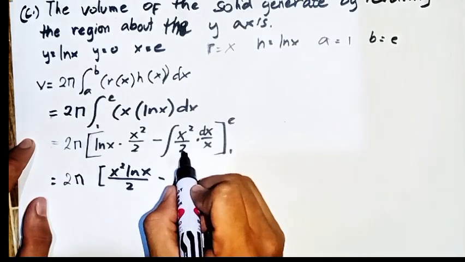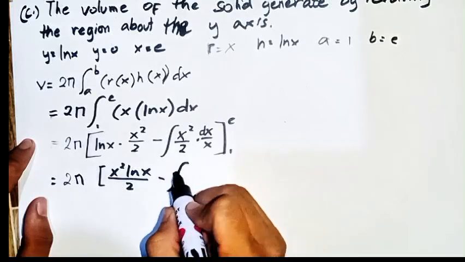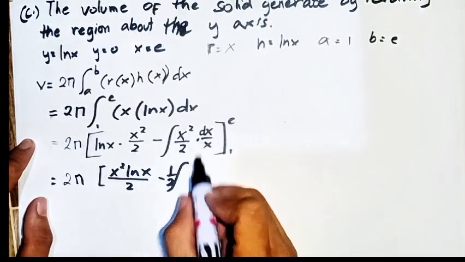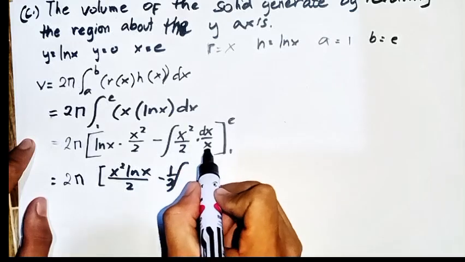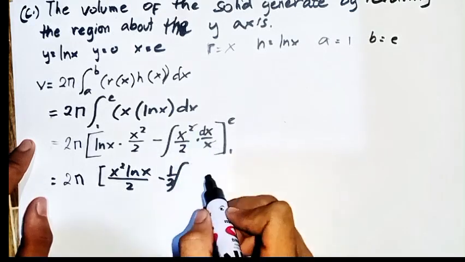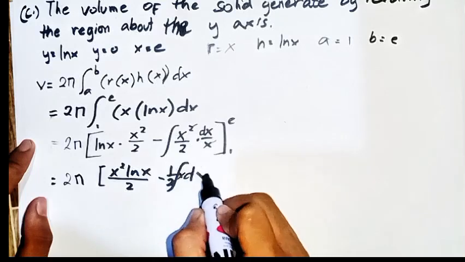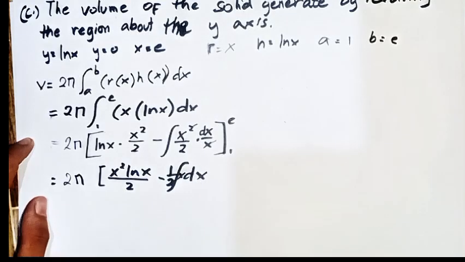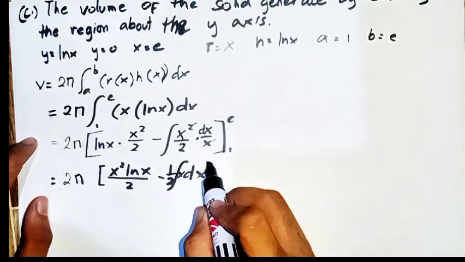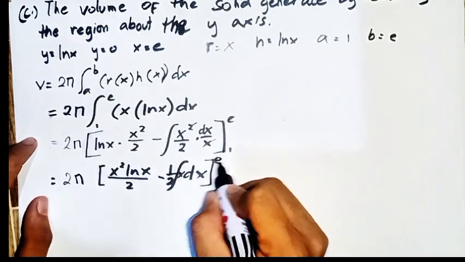As you can see, it has a constant 1/2, so let's put 1/2 outside the integral. We have x squared, and an x at the denominator, so we can cancel. The remaining is x dx, so we can integrate x dx easily. Don't forget again the upper and lower limits.